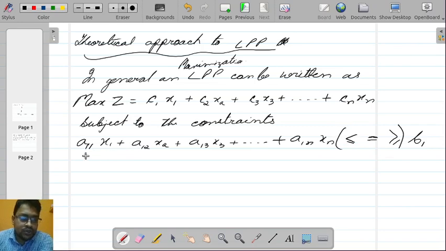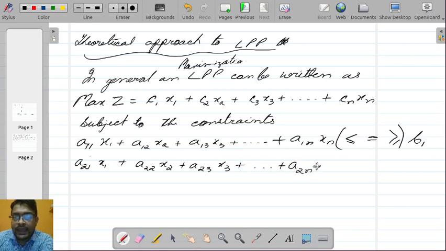So this is our first constraint. The second constraint, let us write it as a21 x1 plus a22 x2 plus a23 x3 up to a2n xn. This is also less than or equal to, or greater than or equal to, so there are three possibilities here.